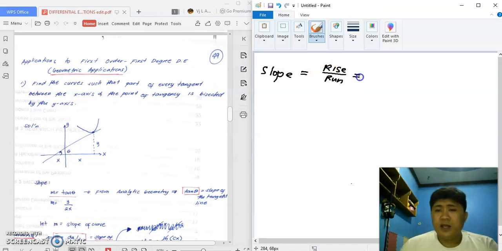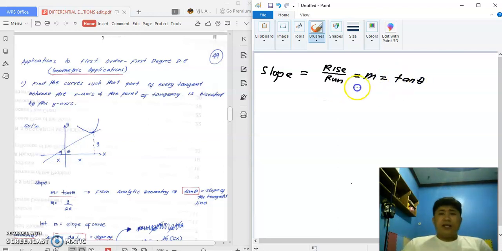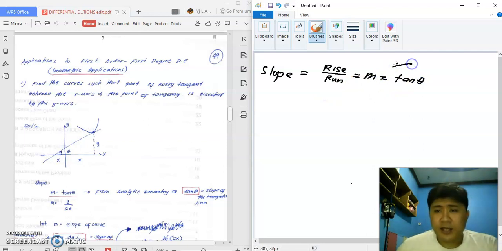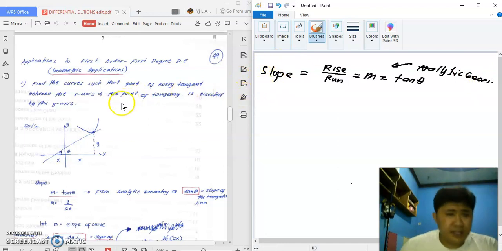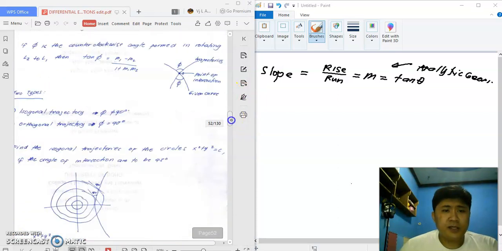And in analytic geometry, slope has the symbol m, which is equivalent to tangent theta, right? That is for analytic geometry. Okay. Now, let's try to analyze the problem.